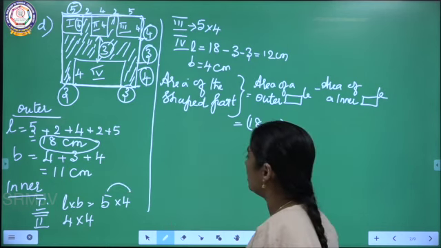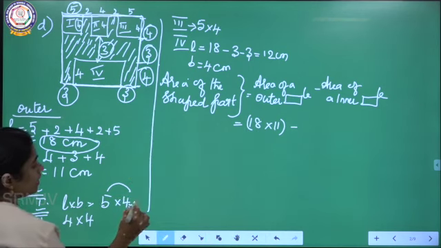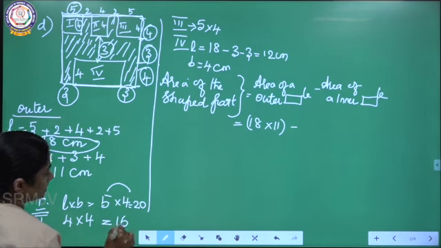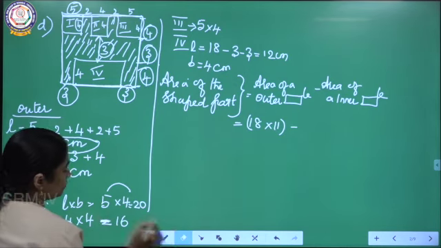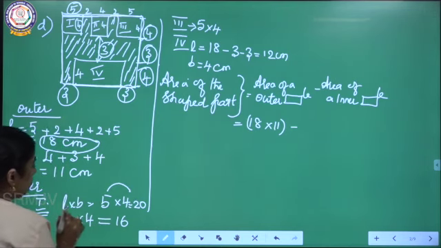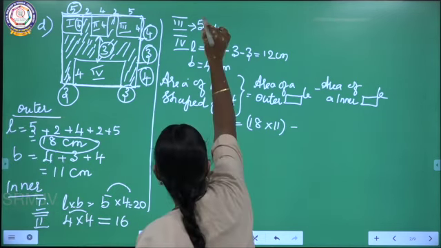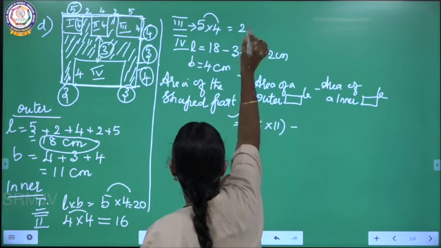For figure 1, I can write as it is. 5 fours are 20. 4 fours are 16. See, this is equal. It is what? Equal. 5 fours are 20.